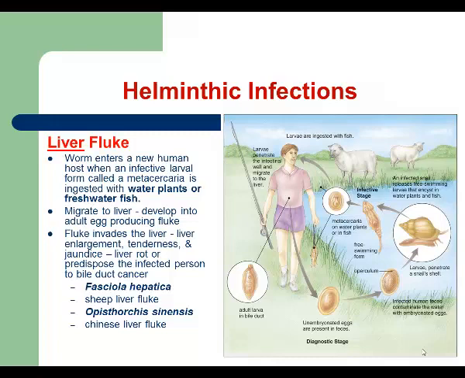As all flukes, this worm requires an intermediate host, and in this case, you see on the picture, you see snail. When patients get infected with this infection, as I said, this worm usually affects the liver. So patients basically develop symptoms of hepatitis, which are enlarged liver, tenderness, and of course jaundice.